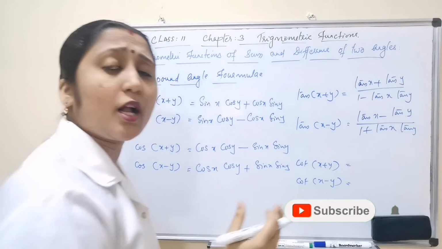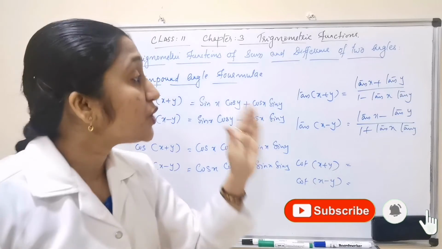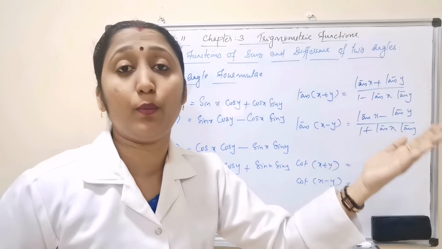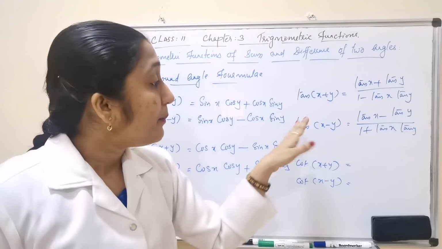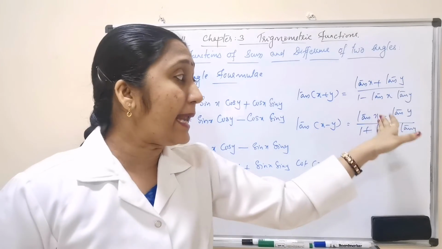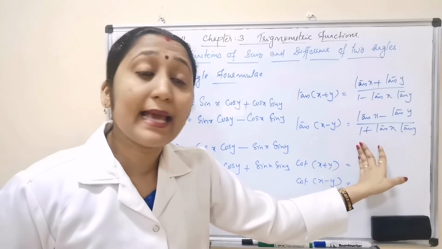In the case of the compound angle, there is a slight difference between the positive and negative. So tan of x plus y is tan x plus tan y divided by 1 minus tan x tan y. But tan of x minus y means tan x minus tan y by 1 plus tan x tan y.